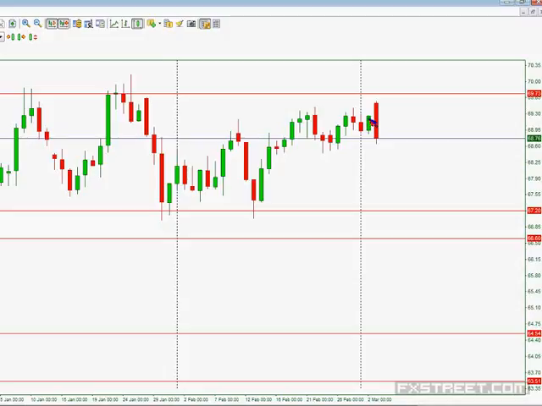A belt is something that we usually see over the weekend. It's usually the first bar of the week where we see these belt bars. So it's a bar that opens higher or lower than the previous bar's close.